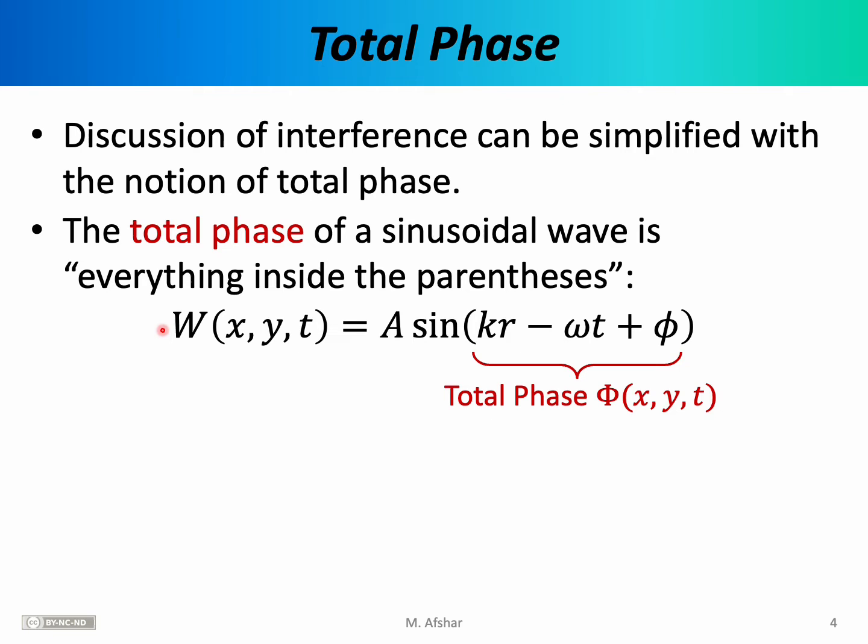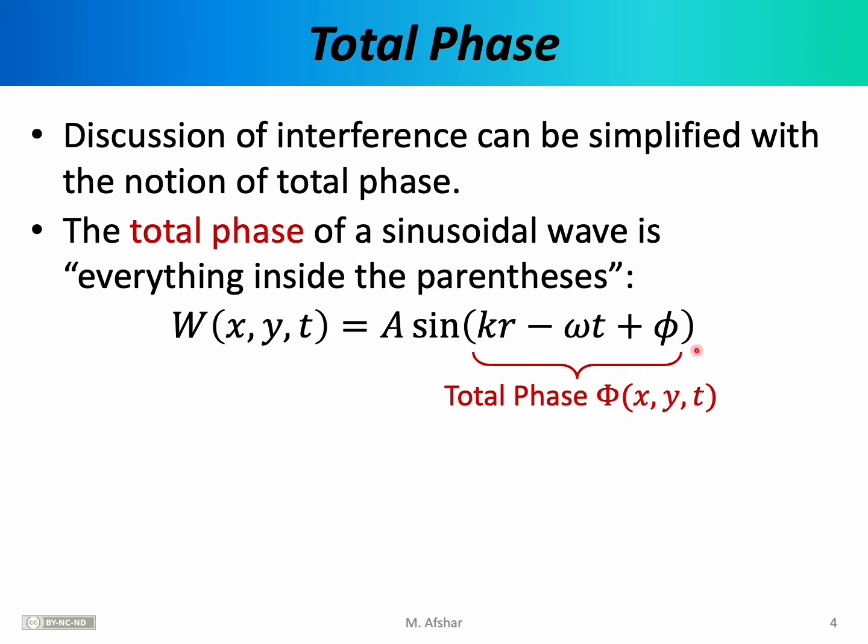So recall that for two-dimensional waves, we're basically using this function to describe them. Everything inside the parentheses is referred to as the total phase and denoted by the capital Greek letter phi. Note that phi depends on time, but it also depends on r. And of course, r secretly depends on x and y.